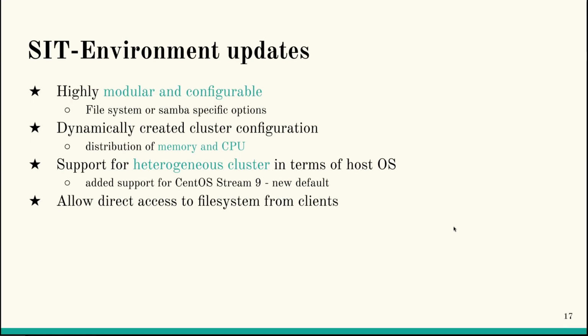And also we have support for heterogeneous clusters in terms of the host OS. Previously, we had everything on CentOS Stream 8, and now with CentOS Stream 9 support added, it has become the default. There are certain cases where we are still stuck with CentOS Stream 8.